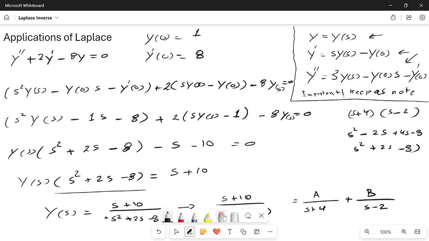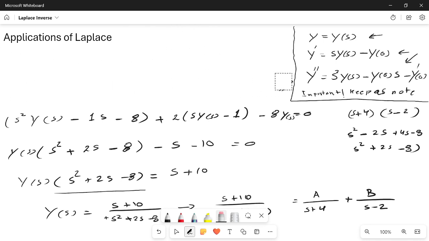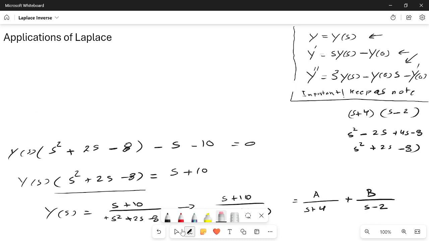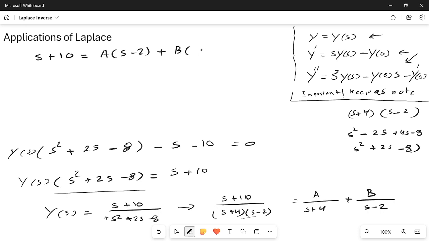Now we multiply both sides by the denominator of the left hand side. So we have the following: s plus 10 is equal to a multiplied by s minus 2 plus b multiplied by s plus 4.